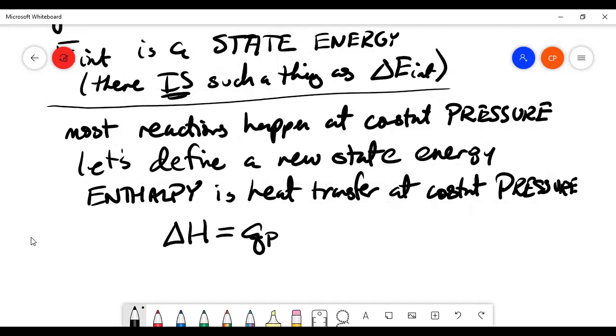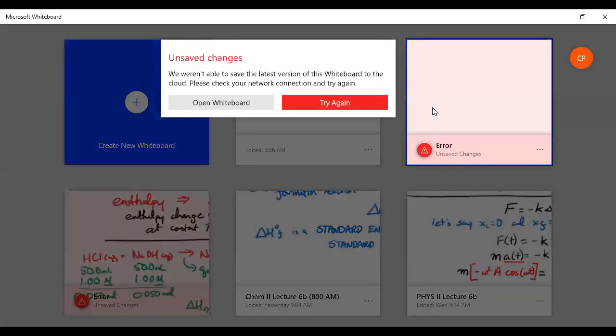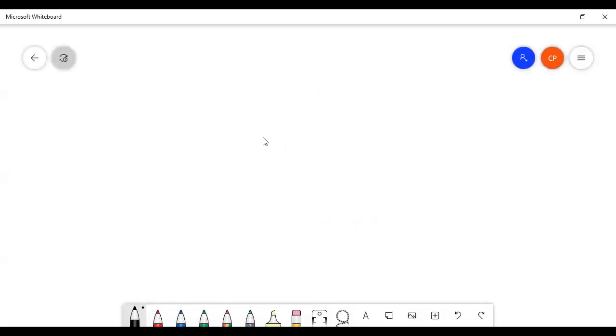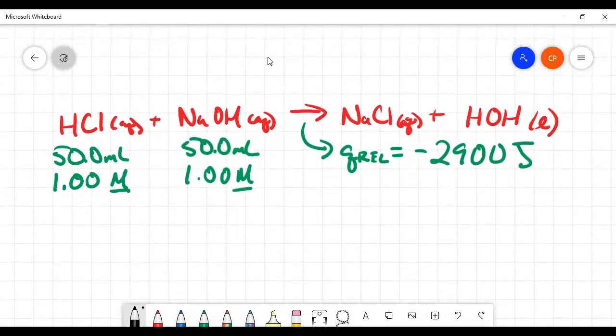And what enthalpy turns out to be is the thing that our reactions possess before and after that expresses itself in the chemical reaction, in the measurements of the evidence of the chemical reaction as heat. There it is.